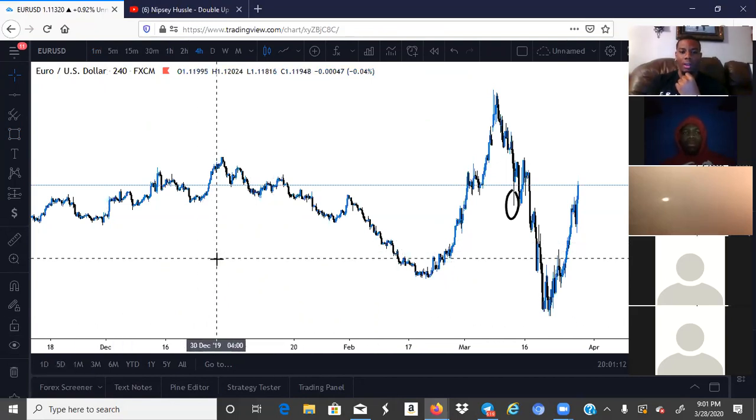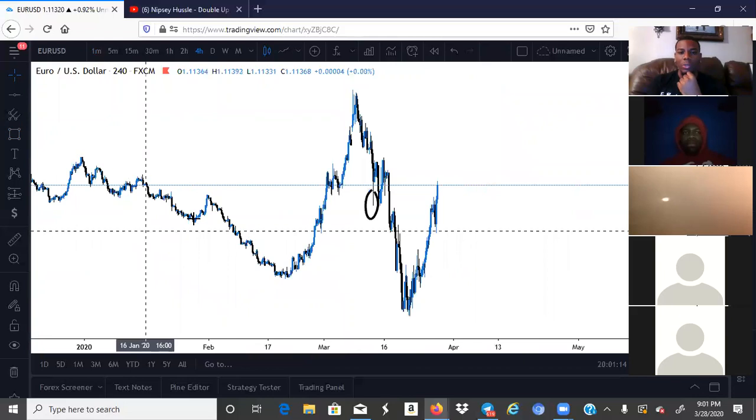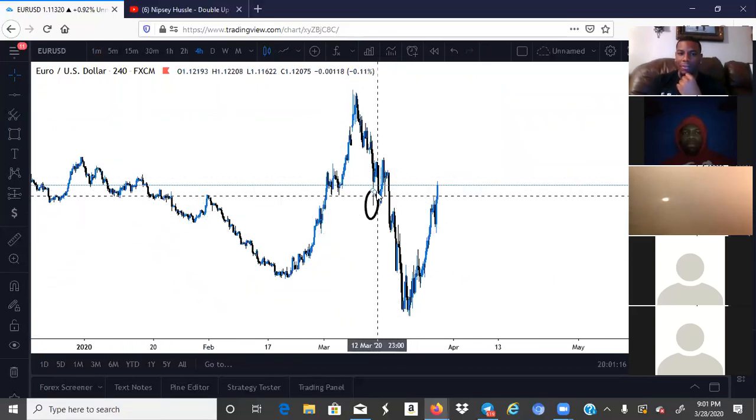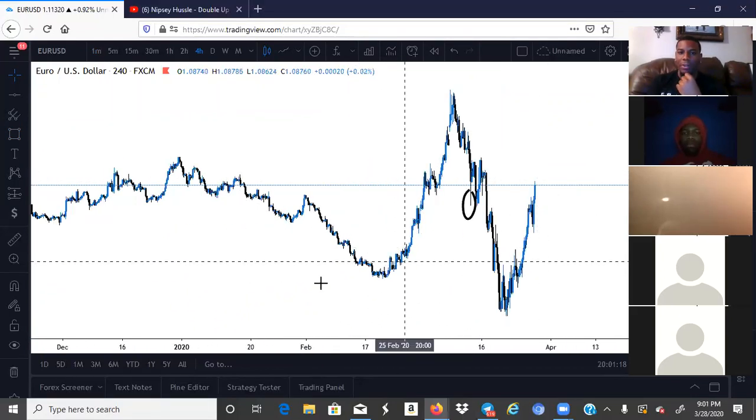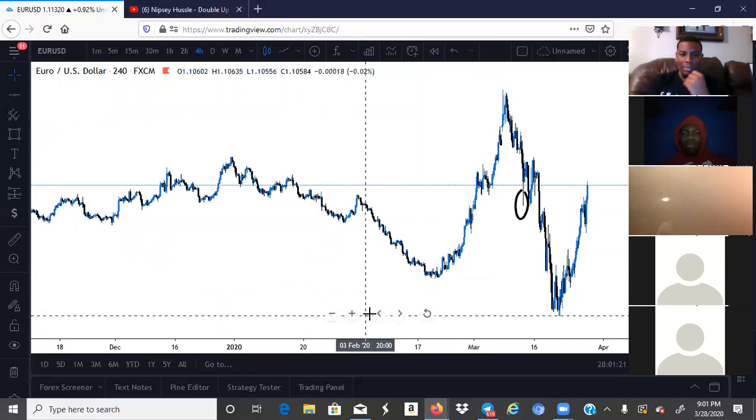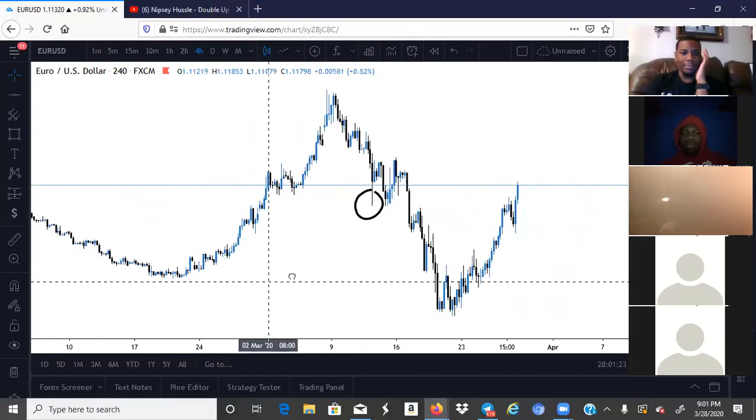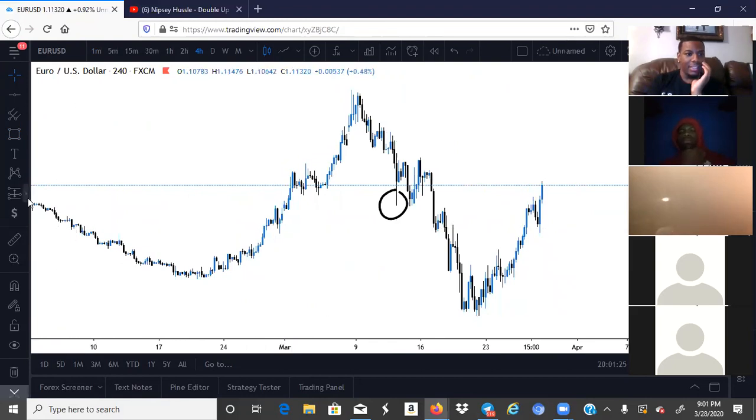So back to what I was saying, what I do is I look for stuff like this. I look for long wicks. I look for candlesticks that are really like this. This would be one of the candlesticks that I would be paying attention to.